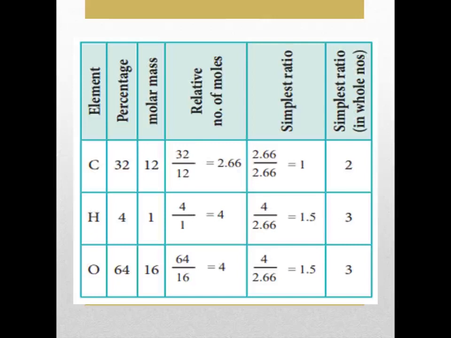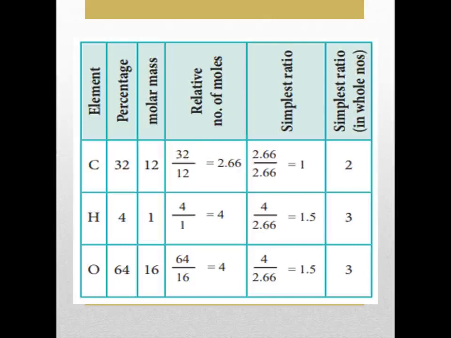So, write the elements: carbon, hydrogen, oxygen. The percentage is written as 32, 4 and 64. It is in percentage, but you write it in the form of gram. Now you write the molar mass: carbon is 12, hydrogen is 1, oxygen is 16.